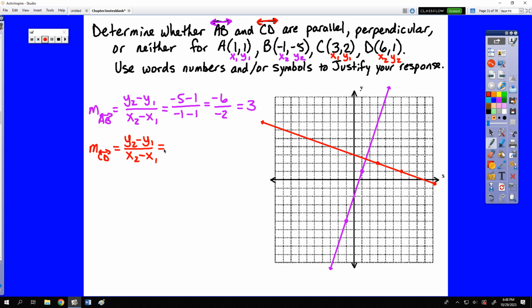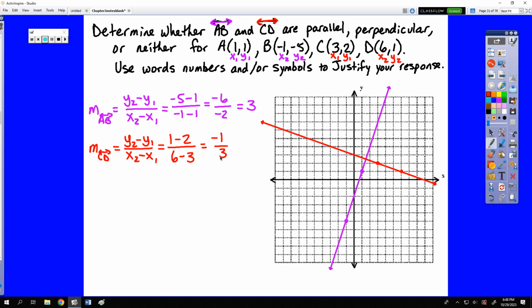So y2 minus y1 would be 1 minus 2. x2 minus x1 would be 6 minus 3. And again, that's just me pulling the x and the y coordinates from point C and point D. Simplify that, we're looking at negative 1 over 3. That fraction cannot be reduced.